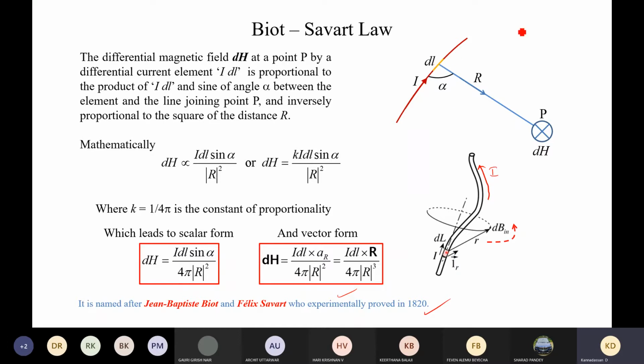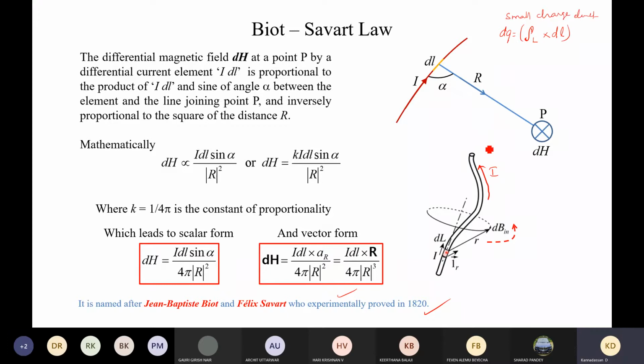Okay, so we already have seen that if there is a line charge which has line charge density, and we multiply with a small length, together we call this dq, which we often refer to as the small charge element.